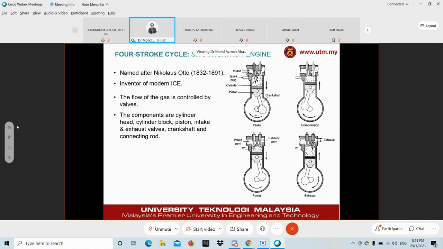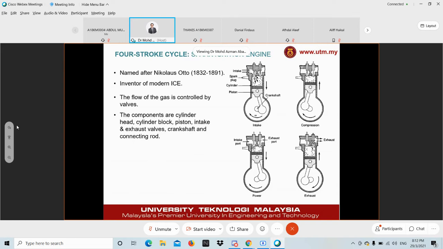He is known as the inventor of the modern internal combustion engine, hence the cycle named after him, the Otto cycle. In essence, the SI engine is the control of gases, which uses the valves and the components involved: cylinder head, cylinder block, piston, intake and exhaust valves, crankshaft, and connecting rods. Those are the main components we already covered last week.